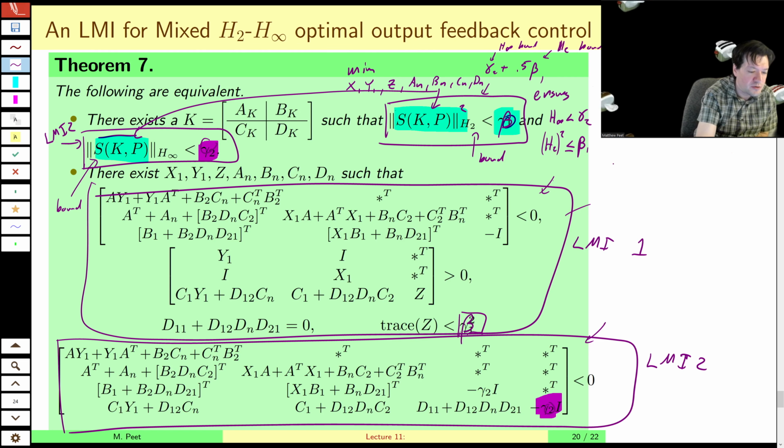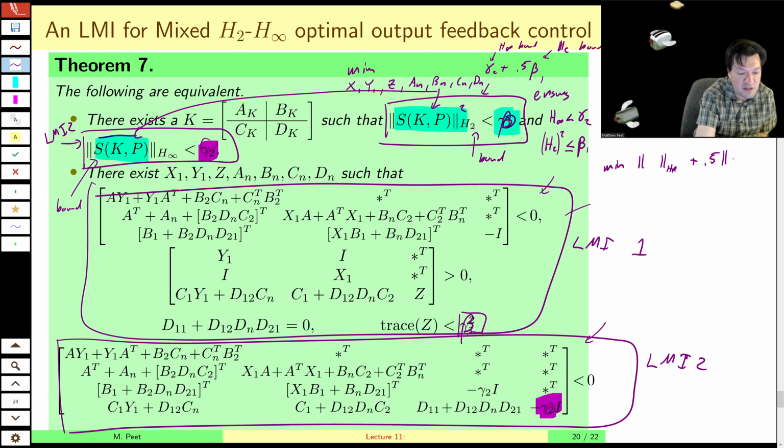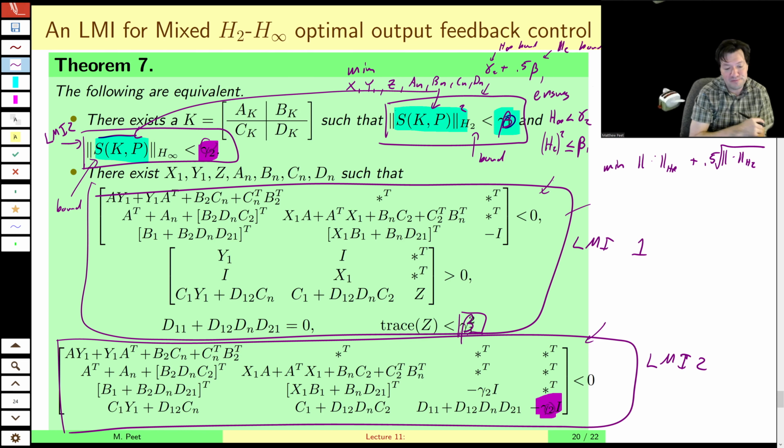So you're really minimizing a bound on the H infinity norm, plus a weight on the square root of the H2 norm. That's what your objective function is actually going to be doing.